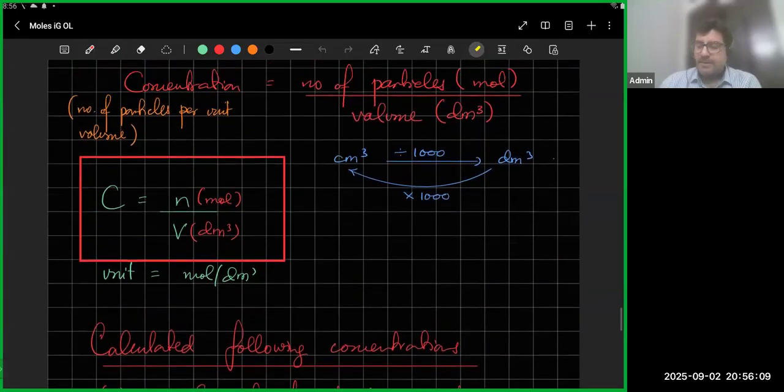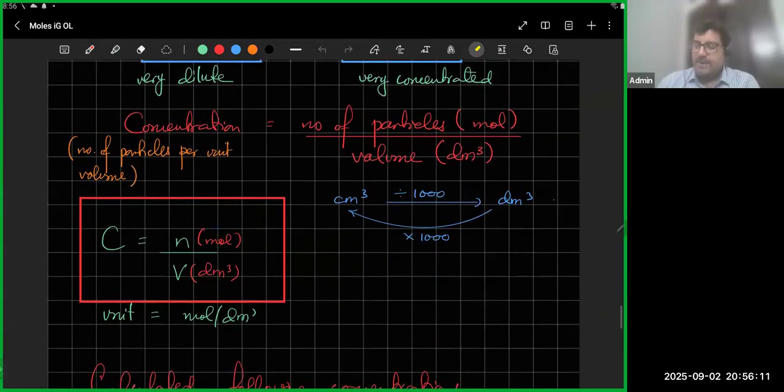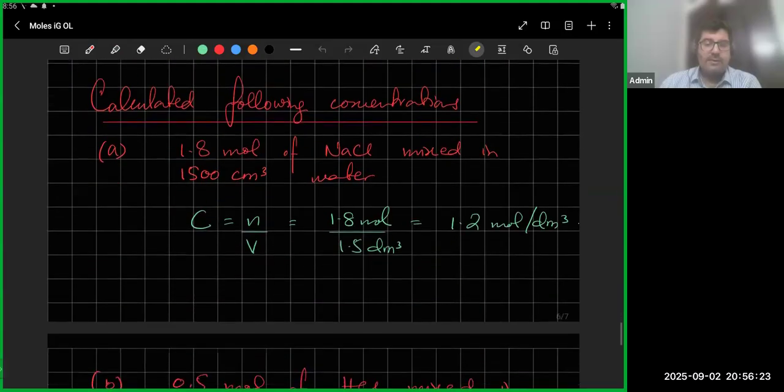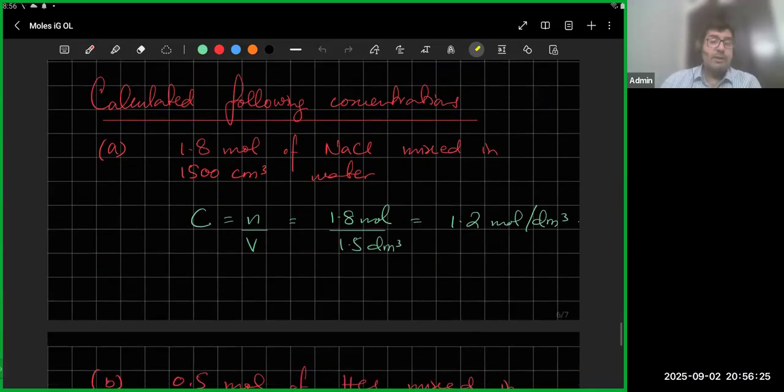So concentration is a simple formula: if you know the number of particles, which you're counting in moles, divide by the volume, which should be in dm cube. So that's what concentration is, moles over volume. So we did try to calculate the following concentration.